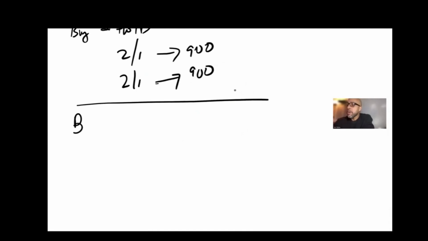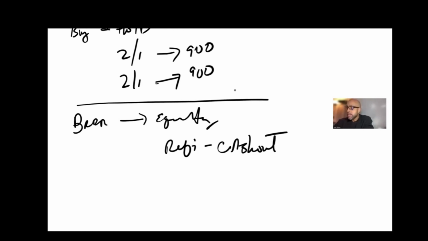If you're doing the BURR, you still need equity in the property because basically the BURR is a refi cash out. So if you don't have room to refi or cash out, then the BURR can't work because there's no equity.